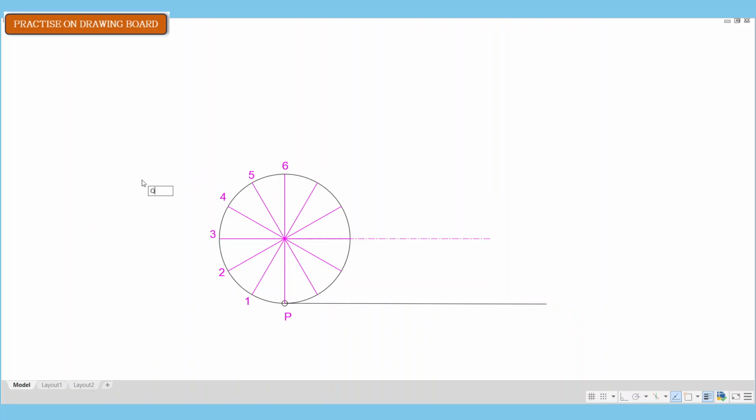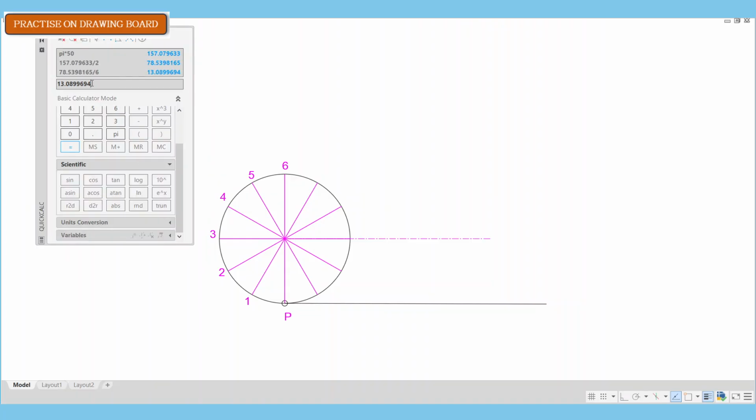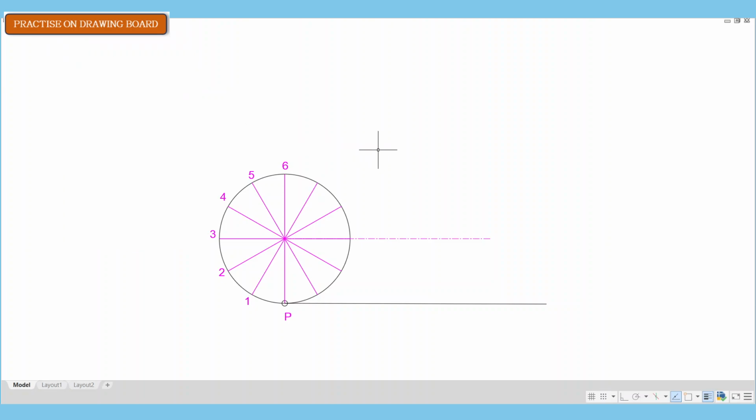So now our 78.54 divided by 6 will give us 13.09. So you would use your drawing instruments to do the line division.